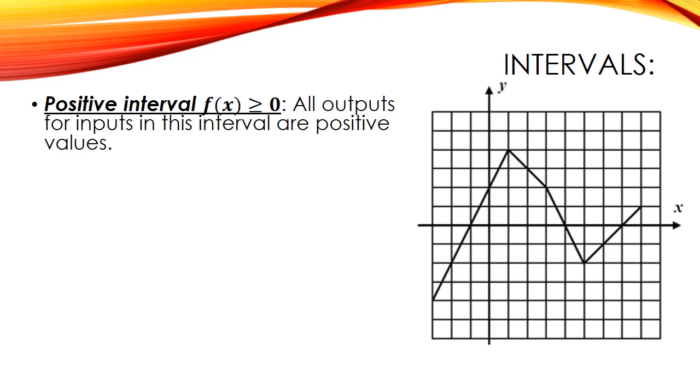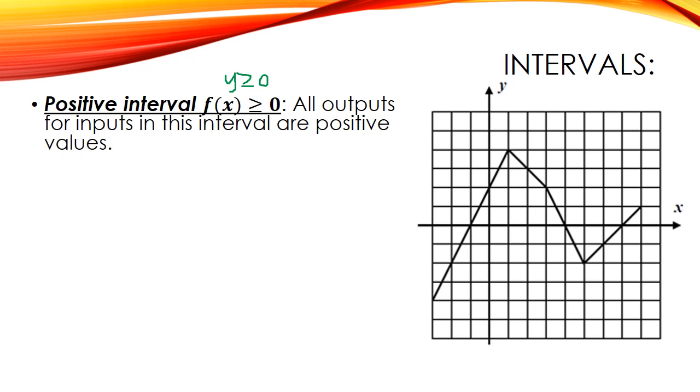Now let's talk about a positive interval, which is an interval that includes x values that have y values greater or equal to 0. So that means the y values here have to be greater or equal to 0.